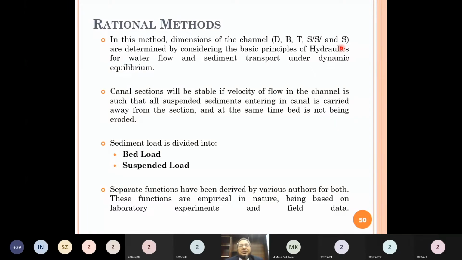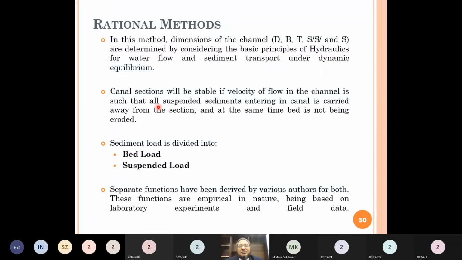Rational method. So we do not have data of so many stable channels, and then we have derived relationships, and using those relationships, it is not like that. So we have to simply design a channel on basic principles of hydraulic engineering for flow of water and for sediment transport.